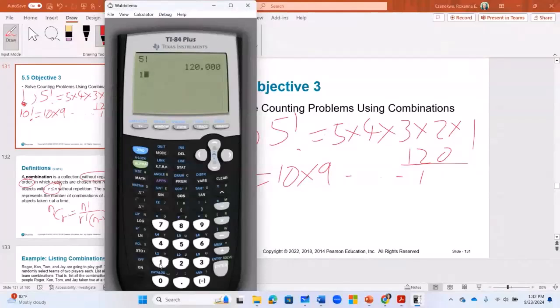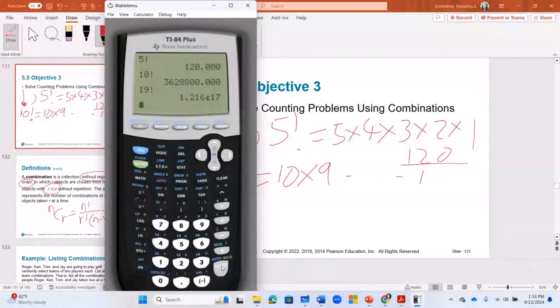But what if I'm told to find 10 factorial? 10, go to math, arrow to PRB, number 4 is factorial. That's a long number, 3,628,800 and so on. What if I'm told to find 19 factorial? Then it becomes a whole lot larger number. 19, go to math, arrow to PRB, number 4, and hit enter.